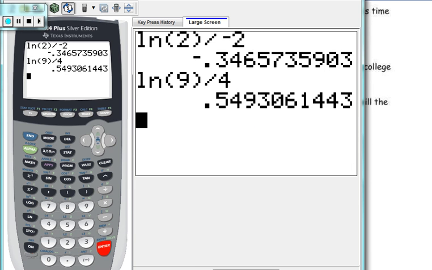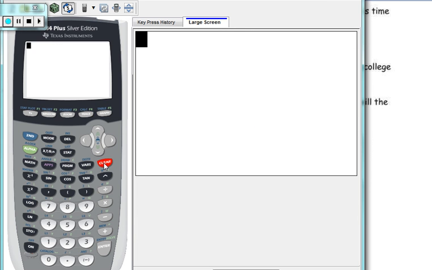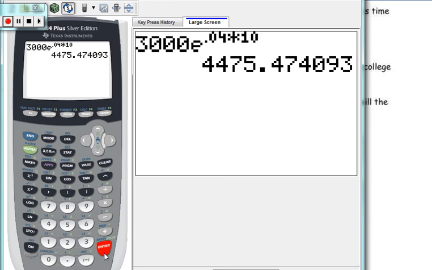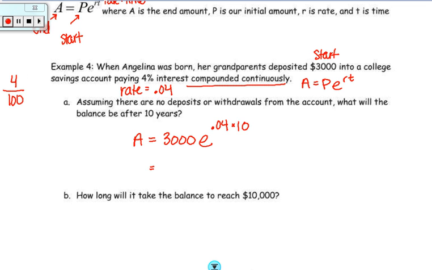So going to my calculator, I am starting with $3,000. The e button is right above the natural log button, so second then the ln button gives me e to the, and I need it to the 0.04 for my 4%, and I need to times that by 10 years. So if I don't add any money and I don't take away any money, I get $4,475.47.